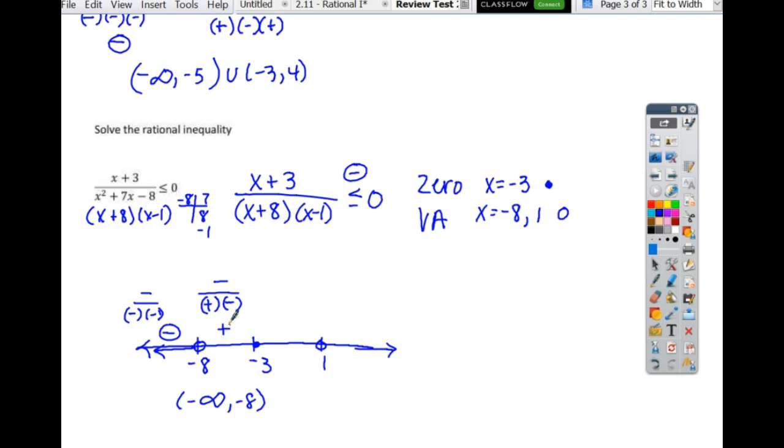So if I pick 0, I end up with positive and negative. So this ends up being negative. So I do want to include this. So I'm going to have negative 3 to 1. And my last interval here, 2, would give me positive on top, positive, and positive. So this is a positive interval, and that does not get included.